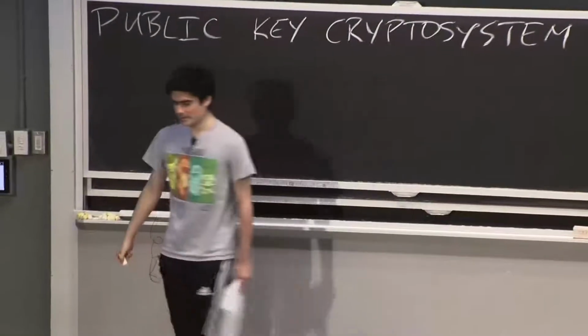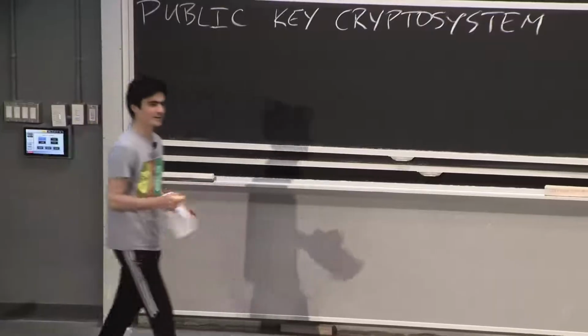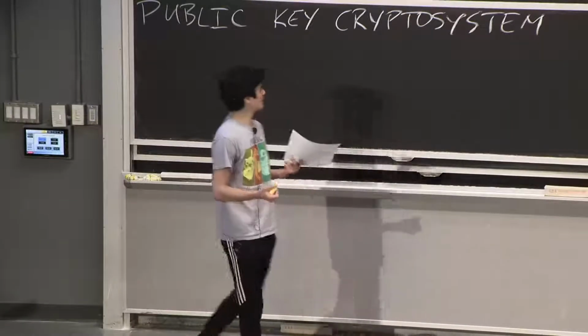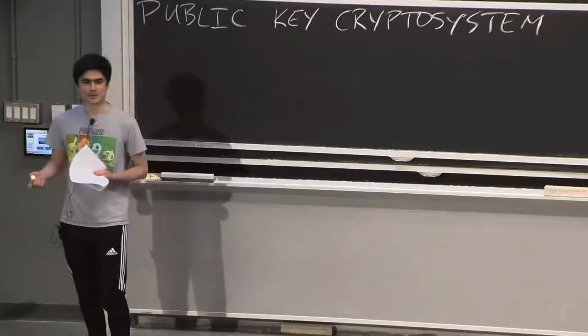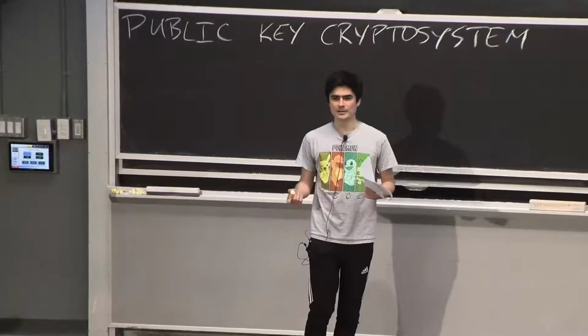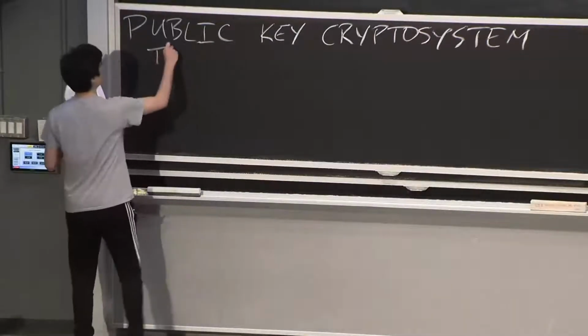Okay. So before, I described what we call a private key crypto system, where both encryption and decryption use the same secret key. In a public key crypto system, that's no longer the case. So we actually have two keys.